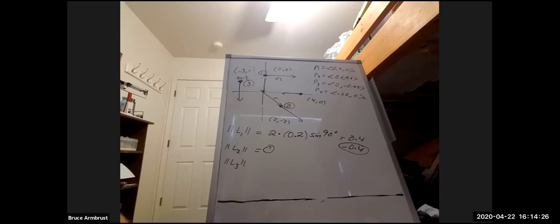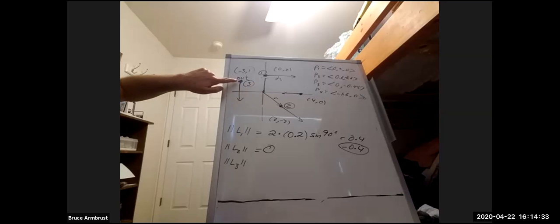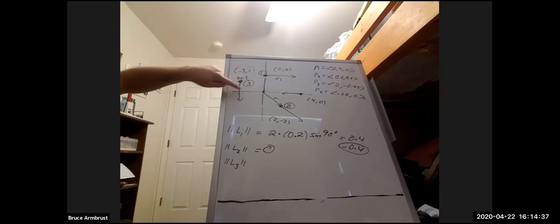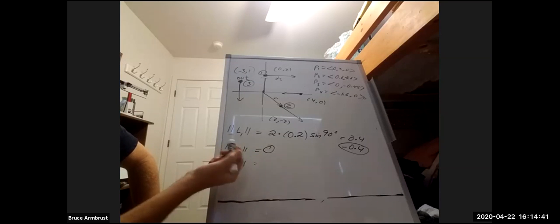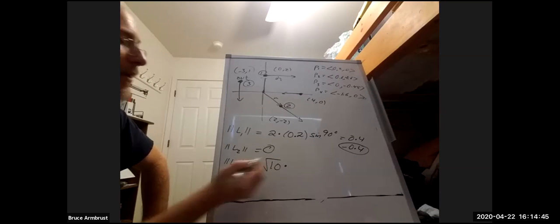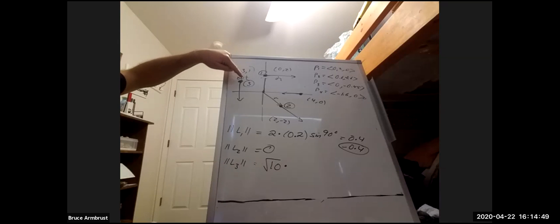So let's get its radial arm. We need to know how far away it is from the origin. Well, that's why I put this point here. It's at -3, 1. So if we want to know its distance away, that's the Pythagorean theorem. It's going to be the square root of 10. 3 squared is 9, 1 squared is 1. So that's the length, root 10.